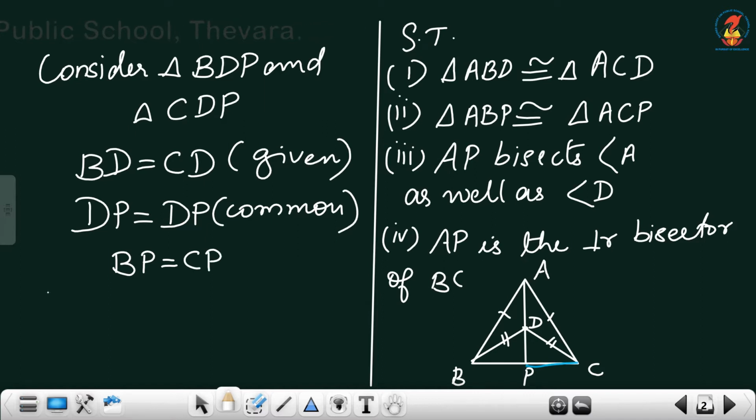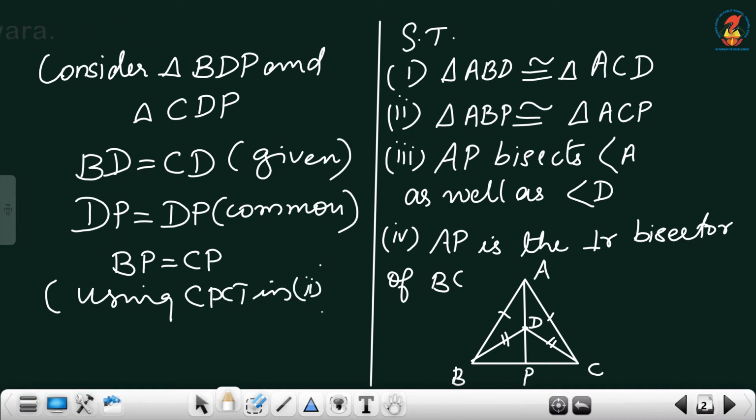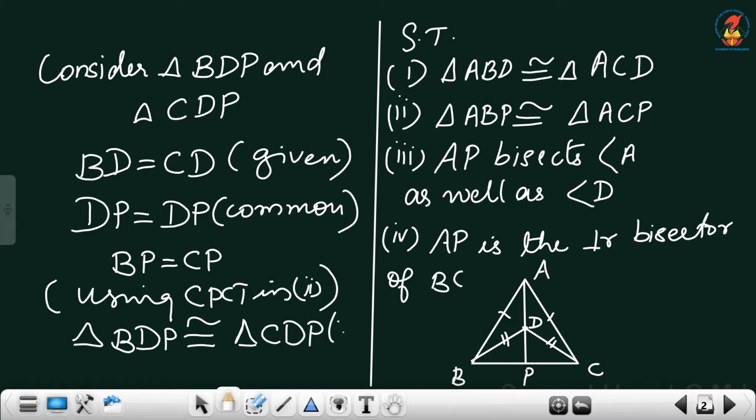BP is equal to CP using CPCT in second subdivision. So, what we can say, triangle BDP is congruent to triangle CDP using SSS criterion.